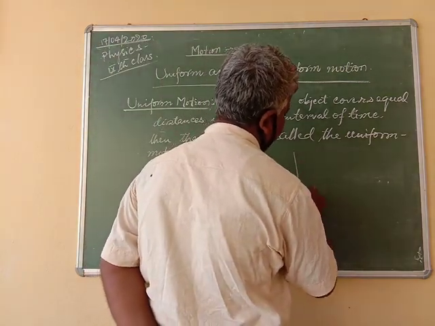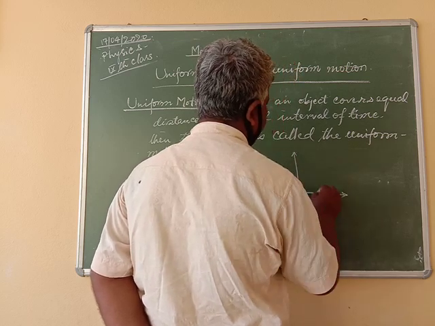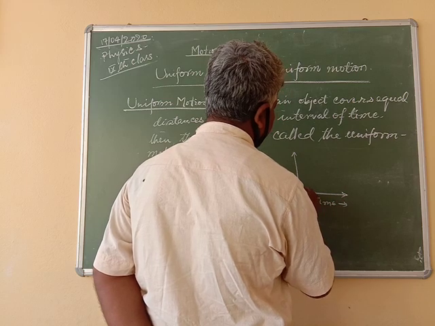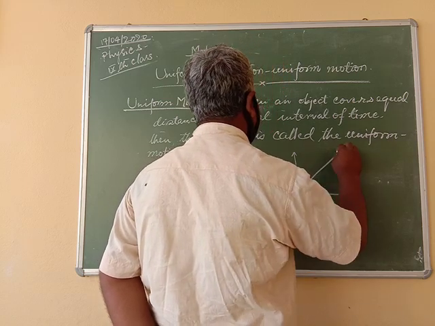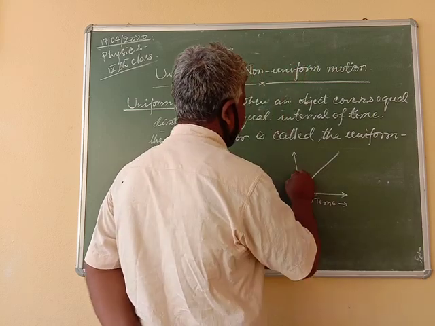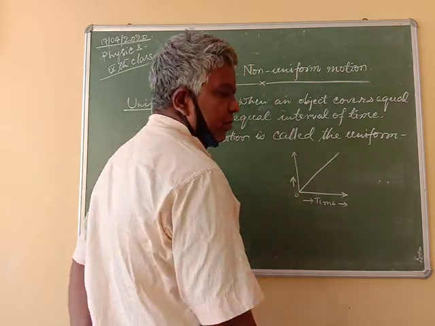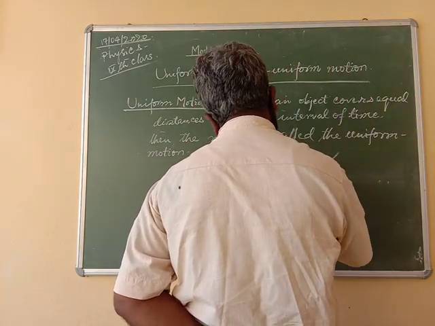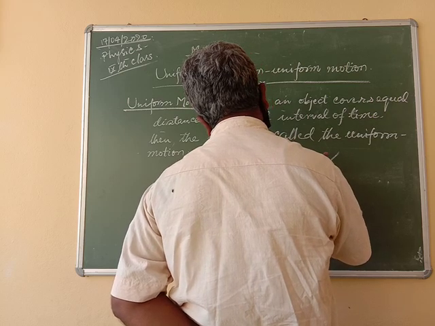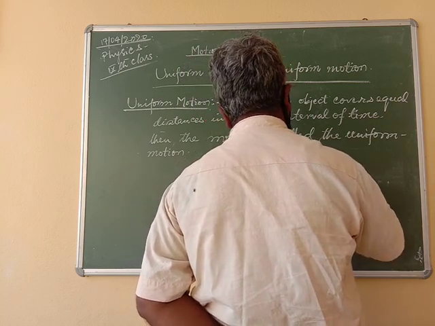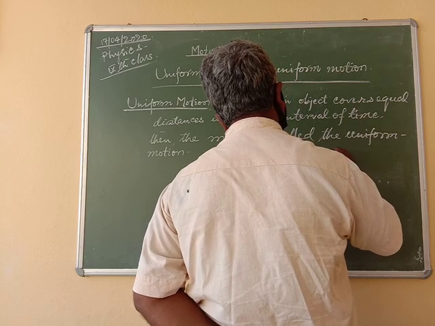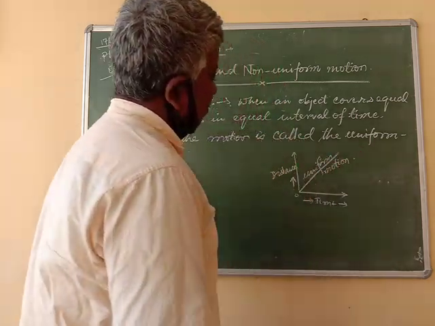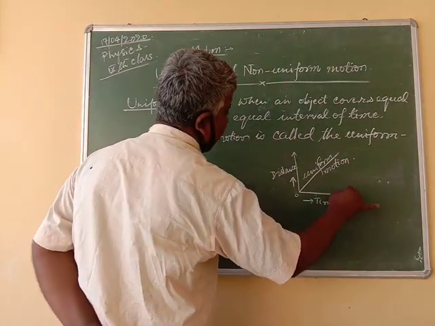Suppose this straight line shows that this is the distance, uniform motion, x-axis, y-axis.